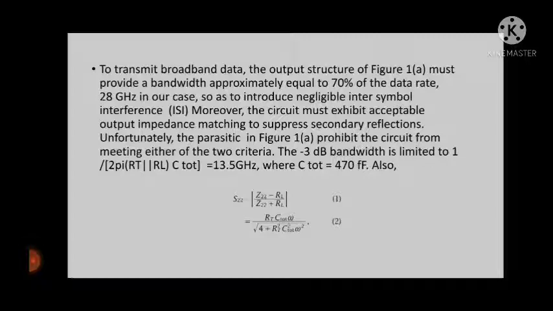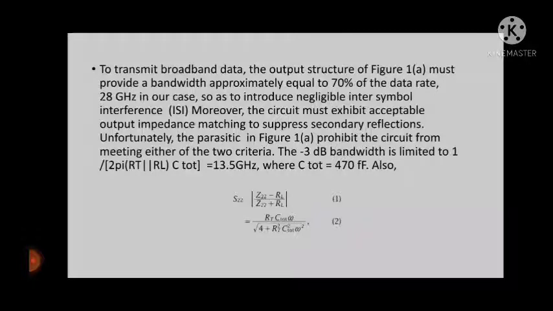The minus 3 dB bandwidth is limited to 1 over 2π (RT parallel RL) times CTOT, that is equal to 13.5 GHz, and CTOT, that is C total, is equal to 470 fF.